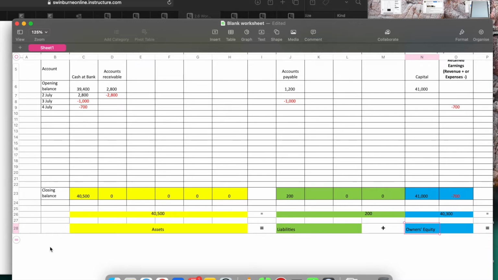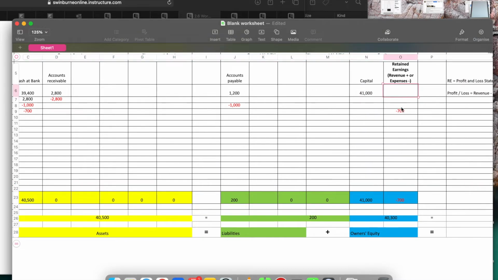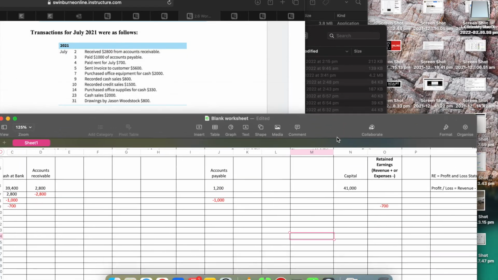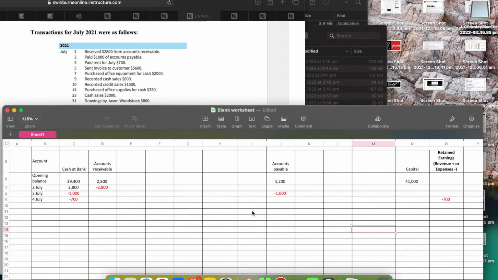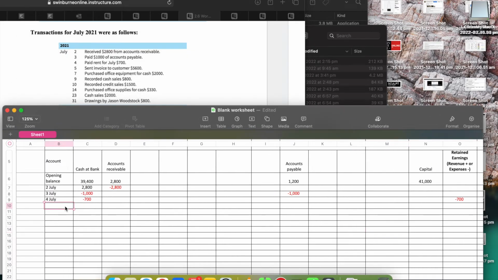So in the next coming weeks, you'll see it, but this is really just starting to form how we can then create a balance sheet out of all this information. And out of this information here, we can actually create a profit and loss statement. So I'll do that later on. I'm not going to overwhelm you now, but just have that in the back of your head that this worksheet actually creates our balance sheet and our profit and loss statement.